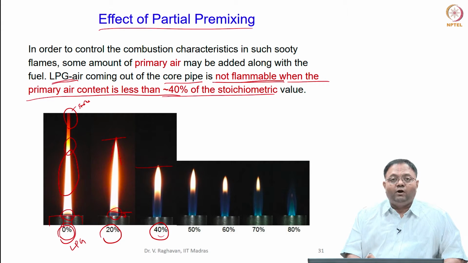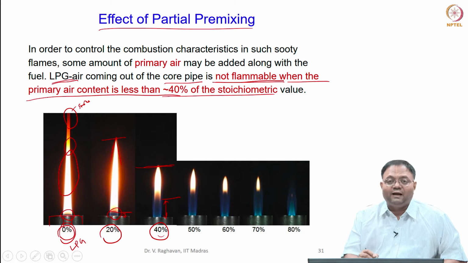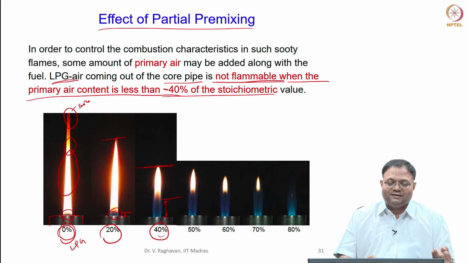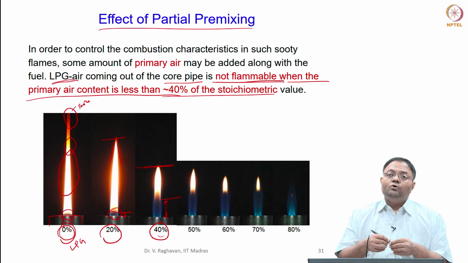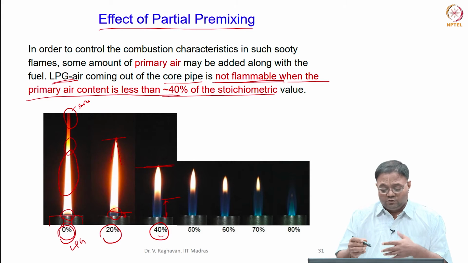When you say 40% air, flame height has reduced and the blue region height has increased. So, control of soot, control of extent, then better burning. When I see more and more blue region, we can see that more oxidation has taken place. It is like a premixed flame, and we will have more control over this.